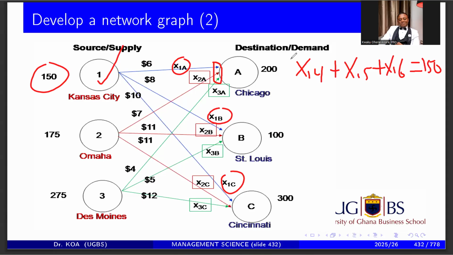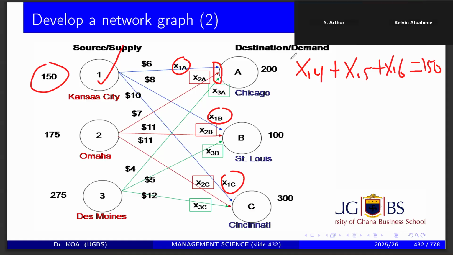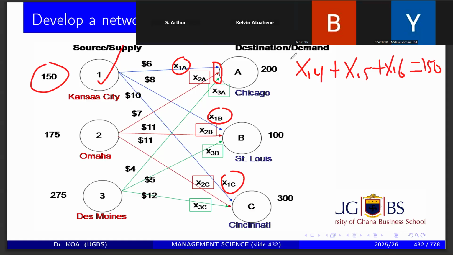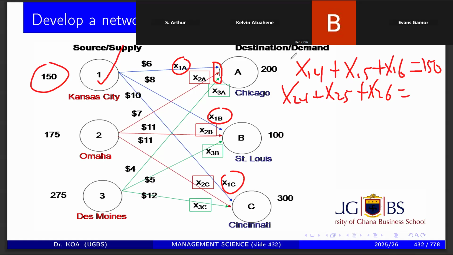Who can write the second constraint for us? Who can read the second constraint? Look, the second one would be x24 plus x25 plus x26 equal to 175.